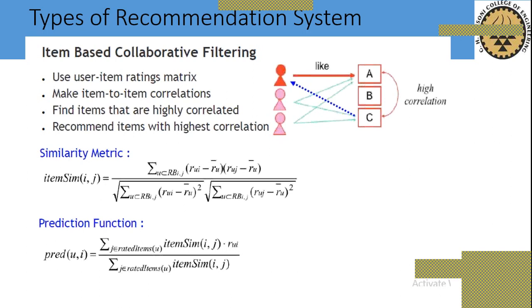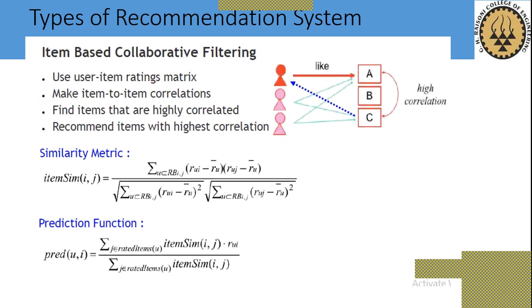Once you find the item correlation, the next task is to find the prediction. So which item should we give as the prediction? How can we find the prediction for user u and item i? Here u indicates the user and i indicates the item.